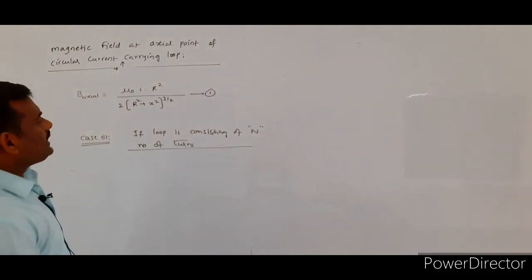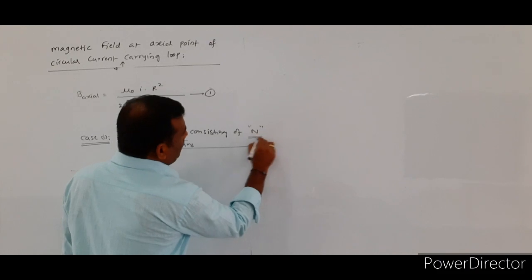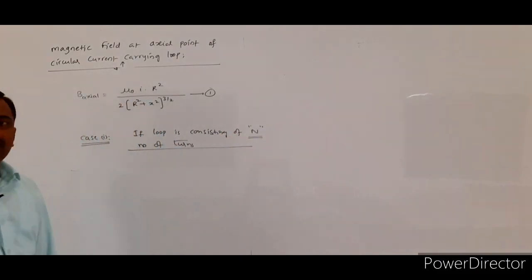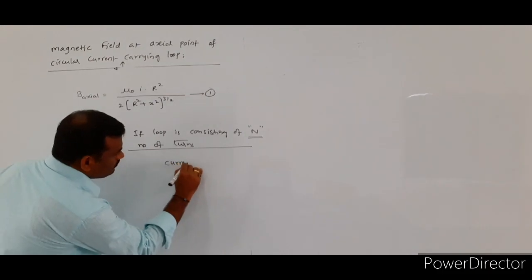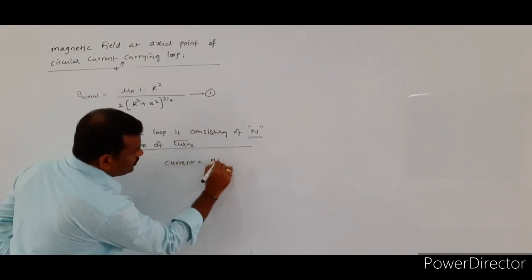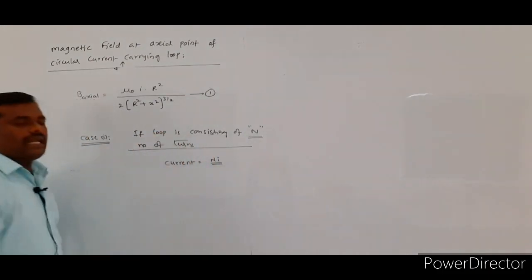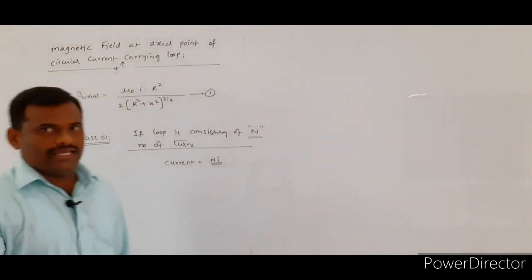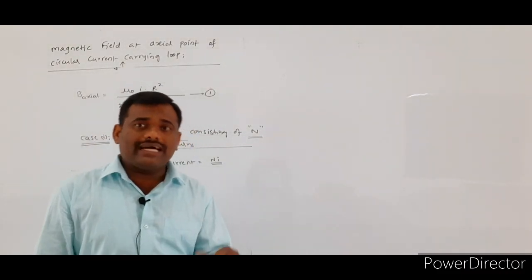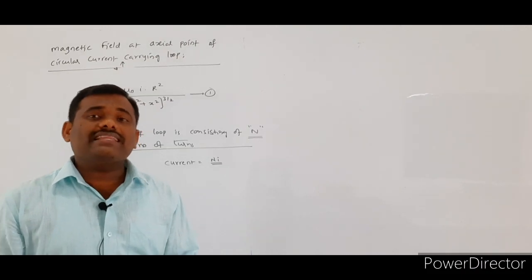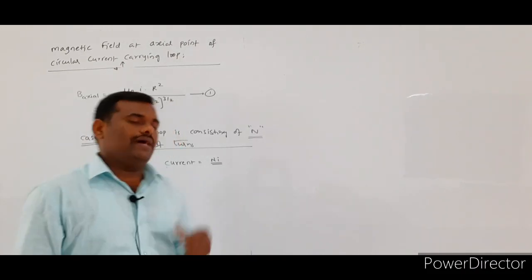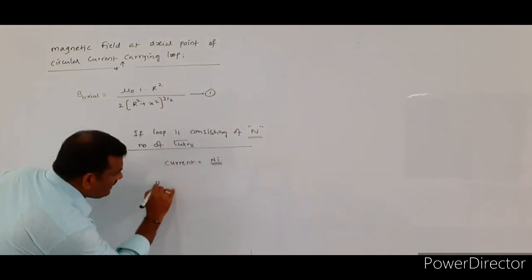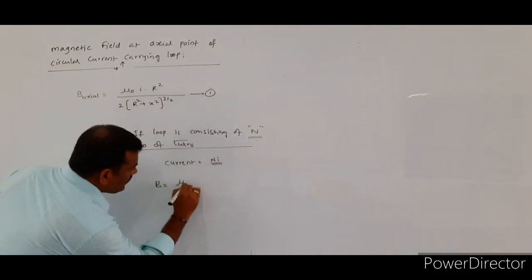So whenever the loop consists of N turns, the current value becomes N into I. If you consider only one loop, the current is I. If you consider N loops, the current value becomes N into I.